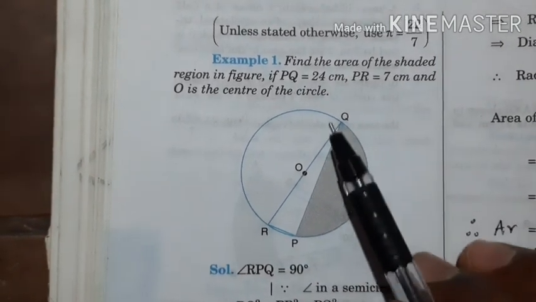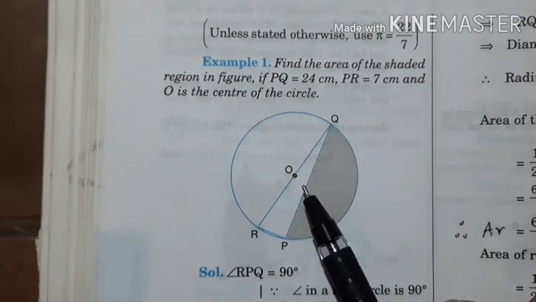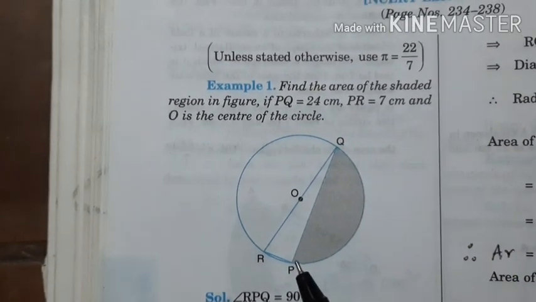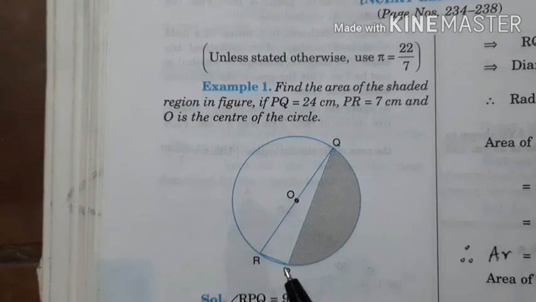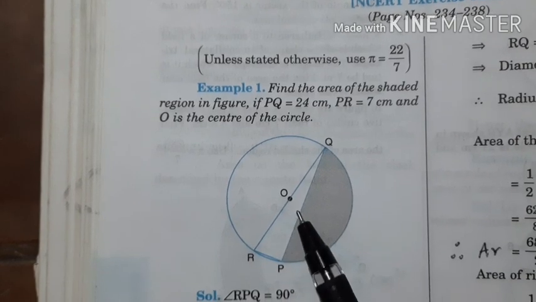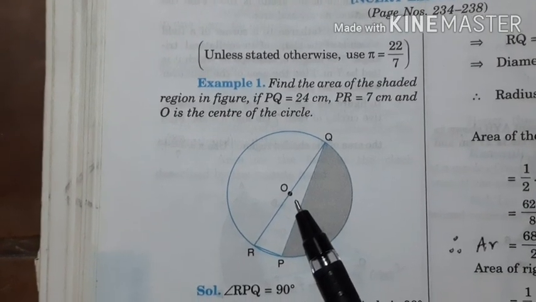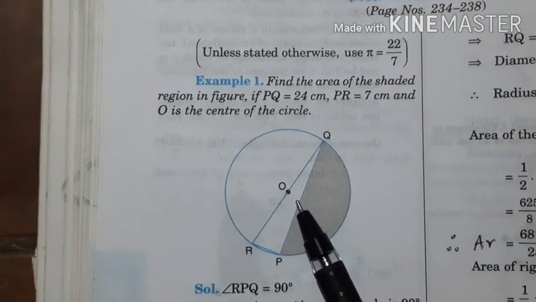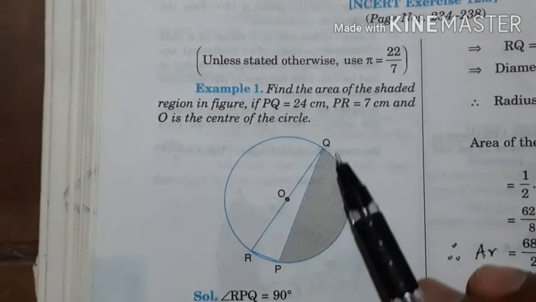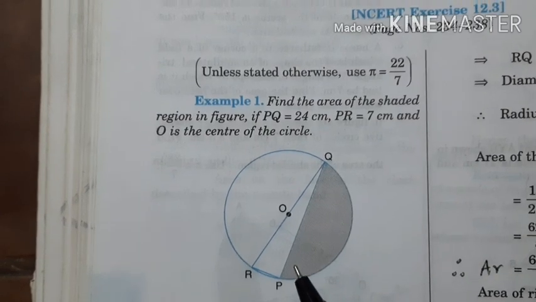This is a circle with center O, the length of PQ is 24 centimeter, PR is 7 centimeter. Then we need to find the area of this shaded region.